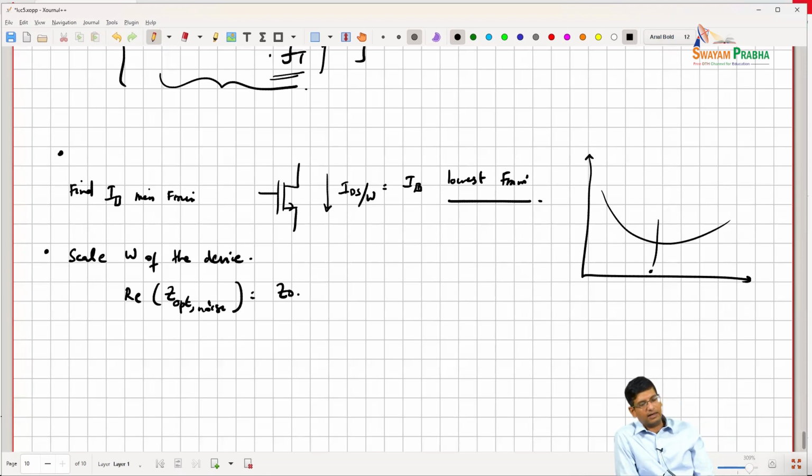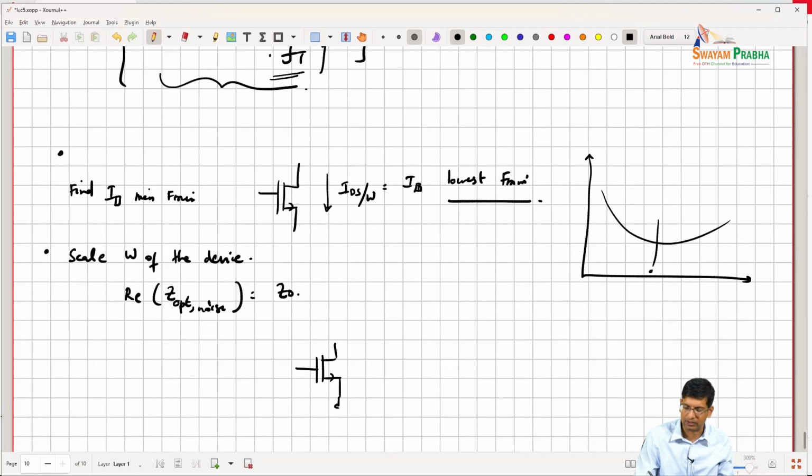And at that point, what you have accomplished is that the transistor, if it sees a real source impedance of 50 ohms, it will achieve F min. We haven't yet considered the reactance part. And then there are theorems that show that if you do feedback, the optimum noise source impedance is not moved, the real part is not moved.